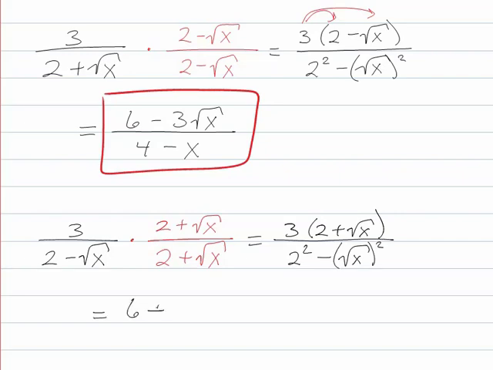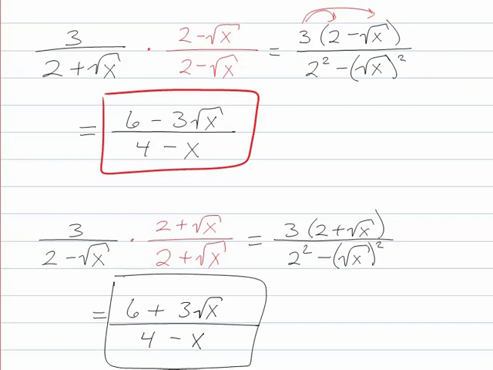So 6 plus 3 root x all over 4 minus x. Something like that.